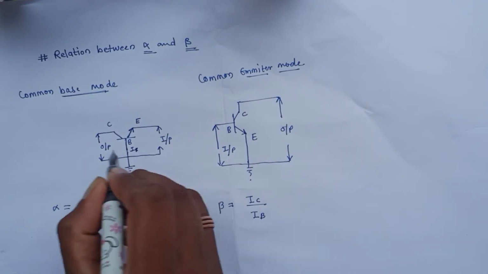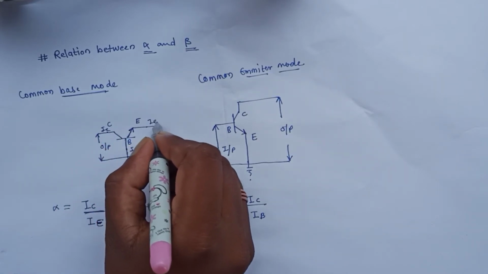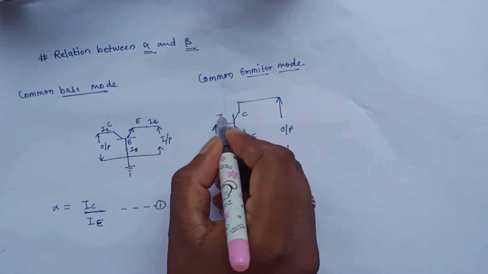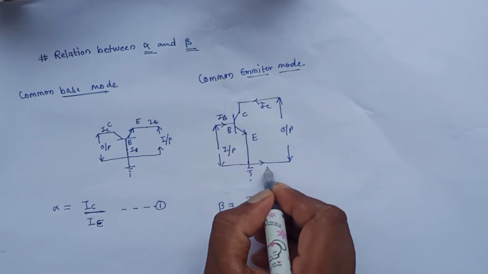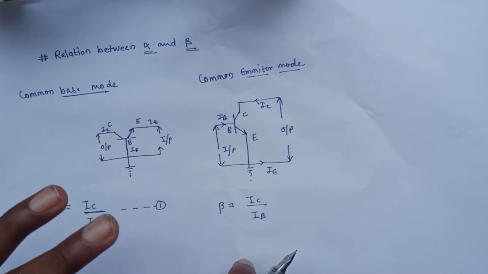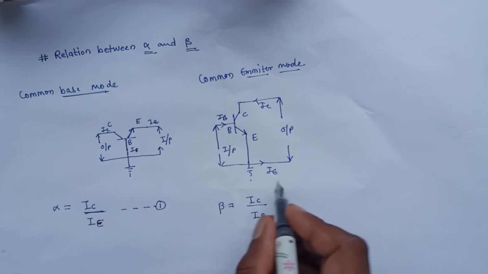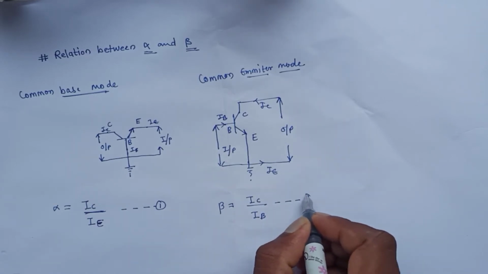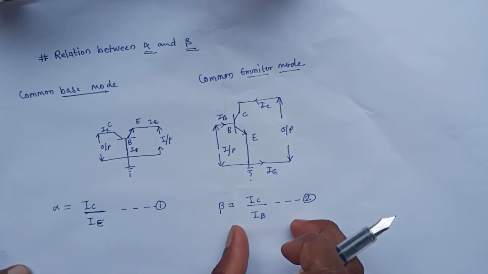This is base current IB, collector current IC, emitter current IE. So this is the circuit diagram, and equation 1 and equation number 2. The equation for alpha is IC upon IE and the equation for beta is IC upon IB.